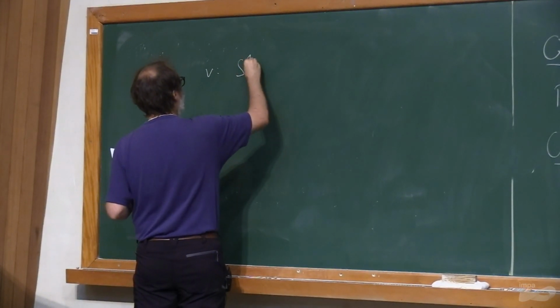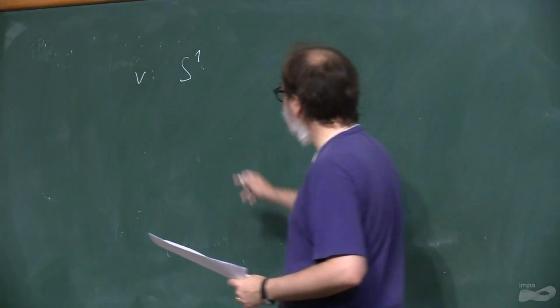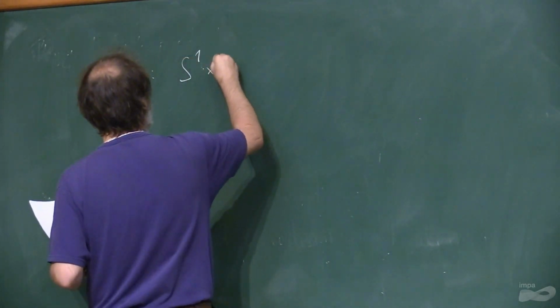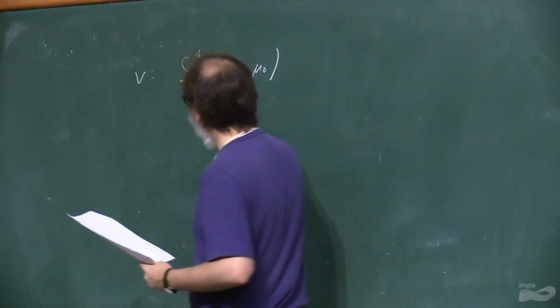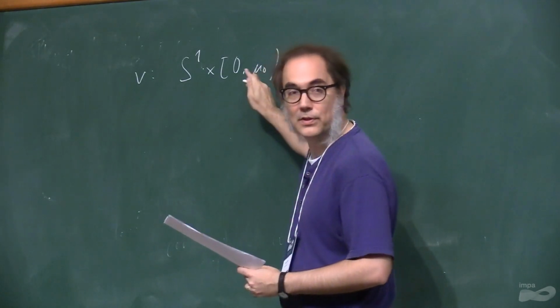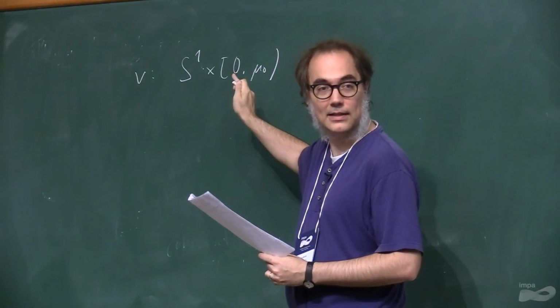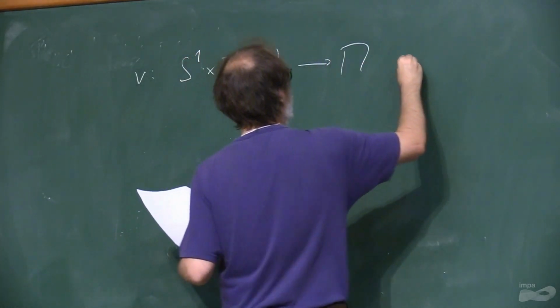Now we have a one parameter family of orbits. So we have two parameters, S1 for the orbit and then the family parameter, and here we have an open interval. We don't have it at mu 0 yet. We have it just before. This is smooth.